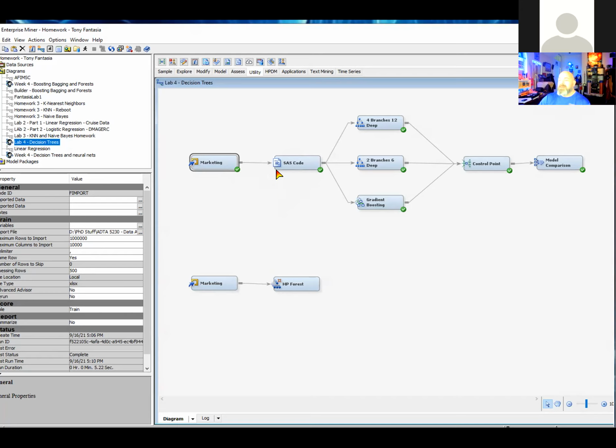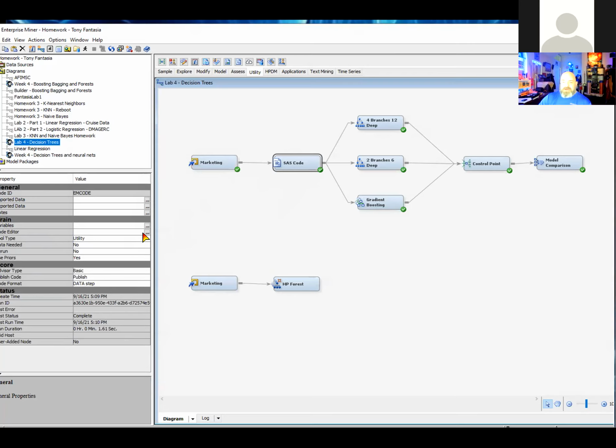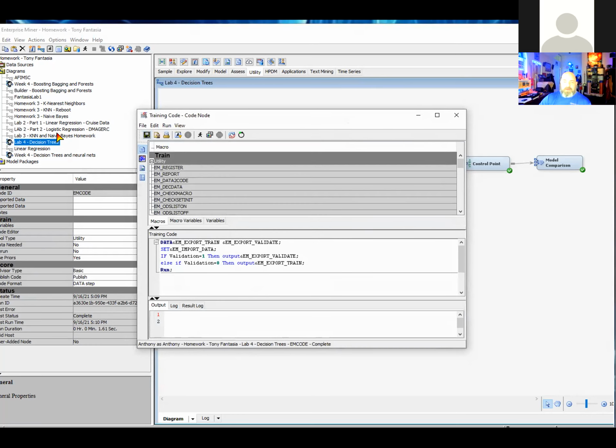So what I did was in the SAS code node, I went to code editor and I went back to the KNN model from last week and copied that SAS code because it has the validation and training data accounted for in this if-else statement. I pasted that in there and ran it.